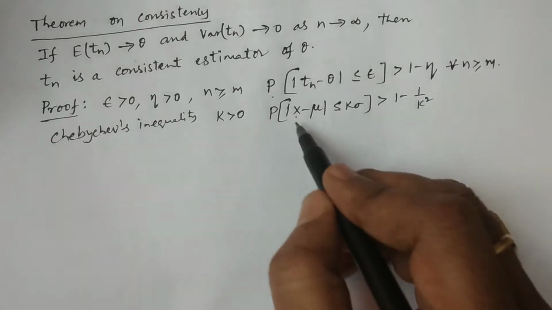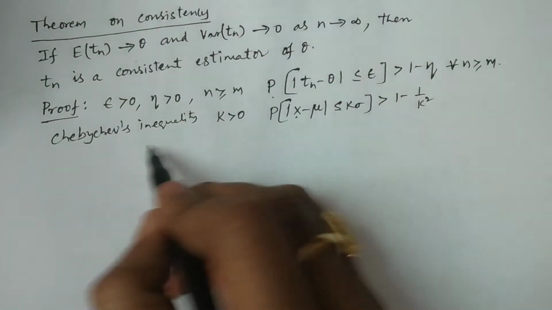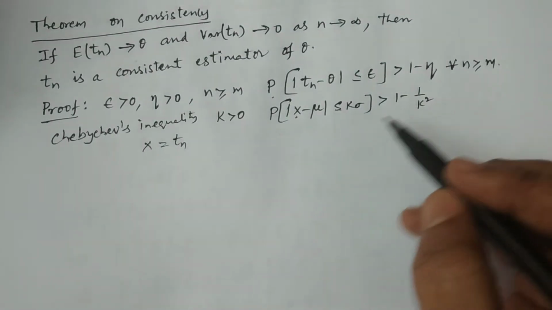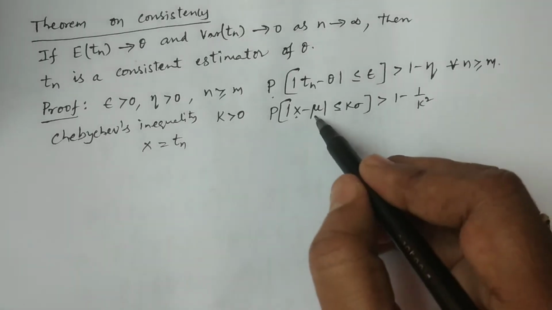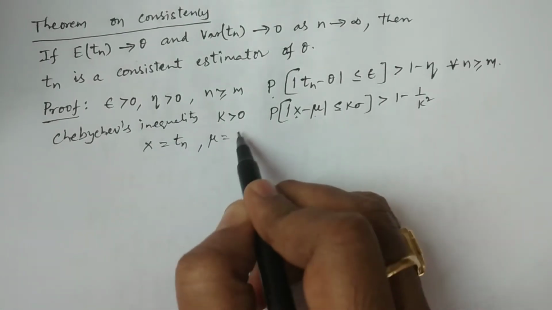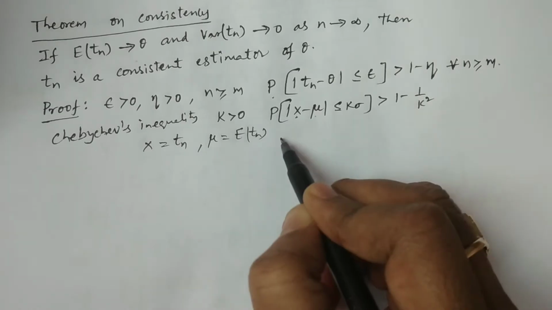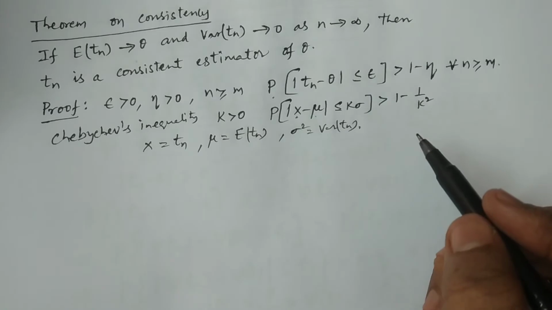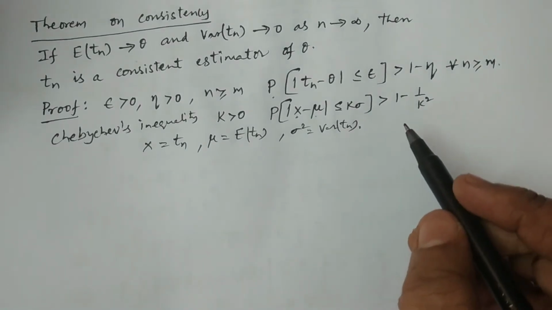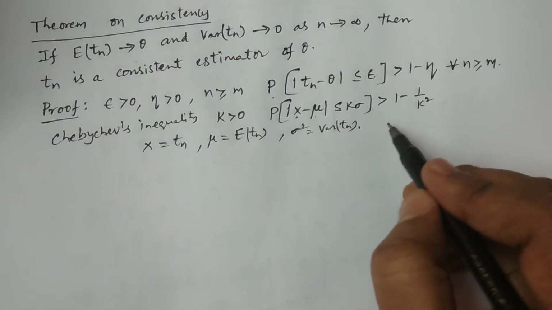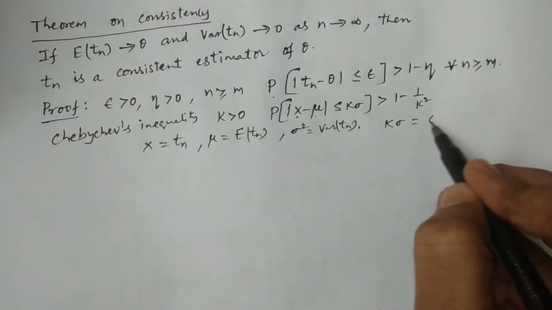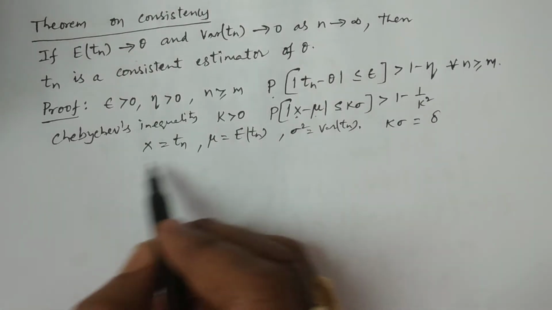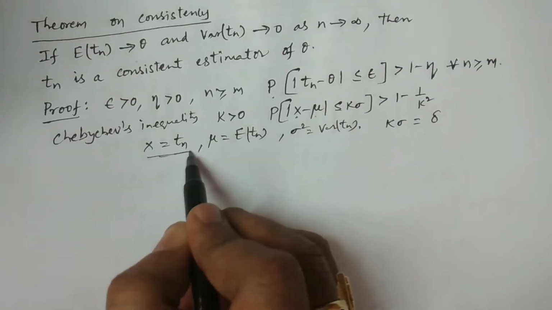You apply it for x equal to Tn. Then mu is equal to expectation of Tn, and sigma square is equal to variance of Tn. This is the usual consideration of the mean and variance of any particular variable. And let us consider k sigma equal to some delta. Then apply Chebyshev's inequality for x equal to Tn.